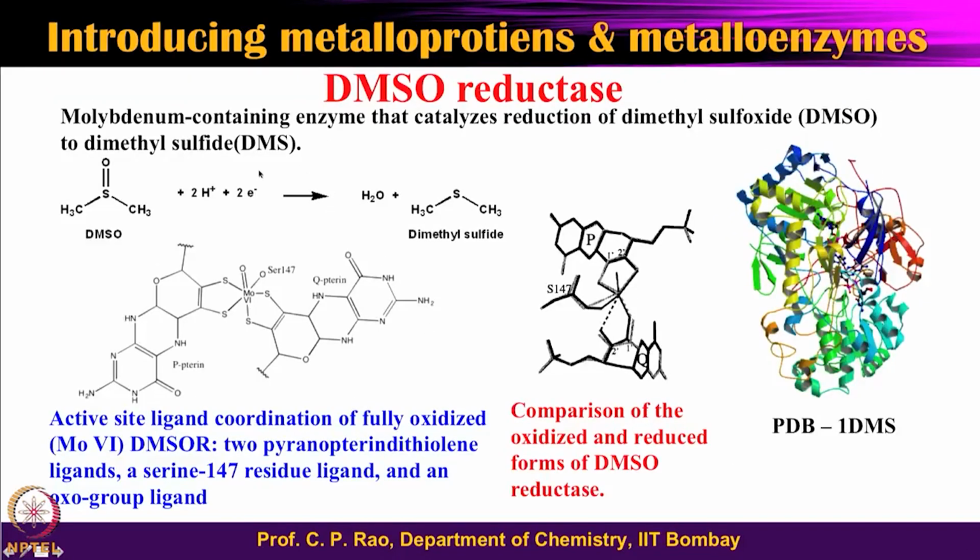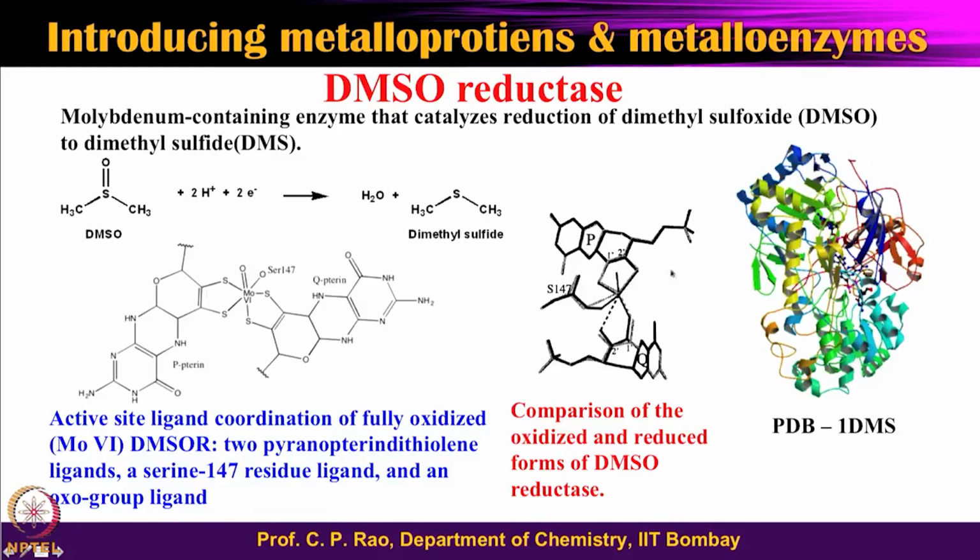Now, let us look at another enzyme in this oxidoreductase category, a molybdenum containing enzyme that catalyzes the reduction of dimethyl sulfoxide to dimethyl sulfide. This particular one has two pterins, one pterin and the other pterin, and the MoO with one of the ligands. As I said, these enzymes can undergo oxidized form, molybdenum 6, and reduced form, molybdenum 4.